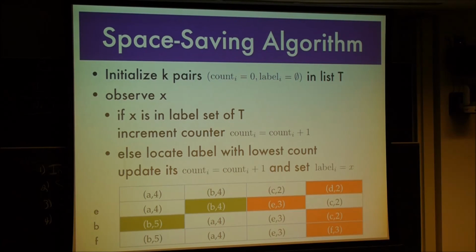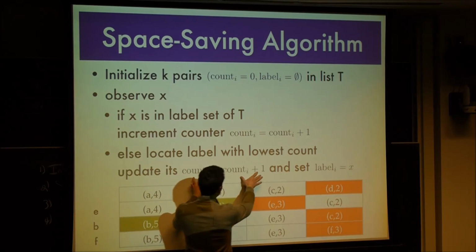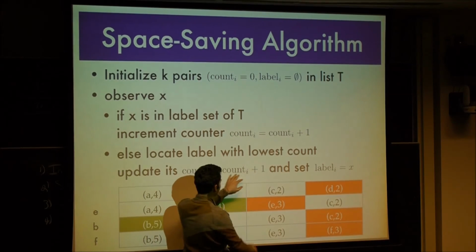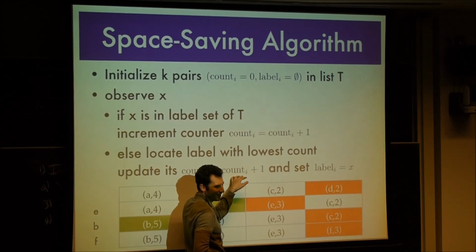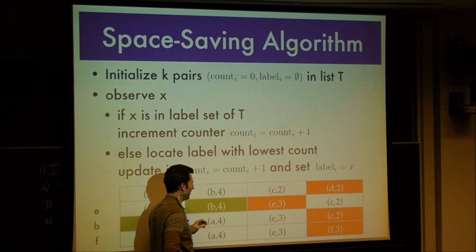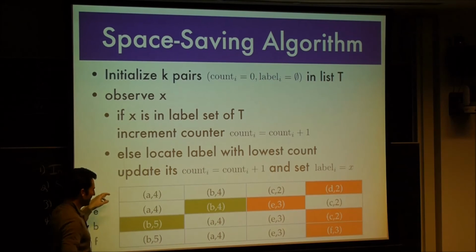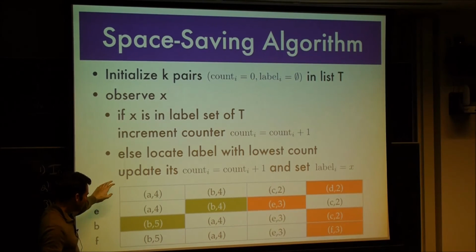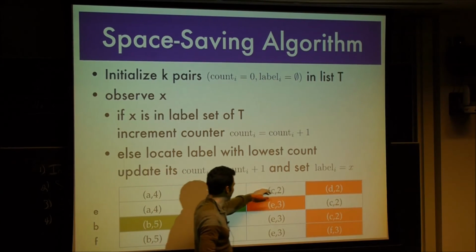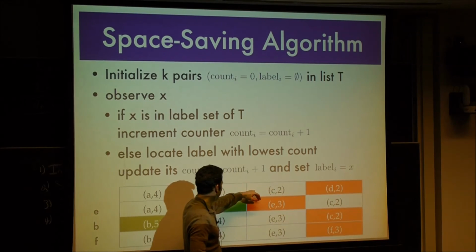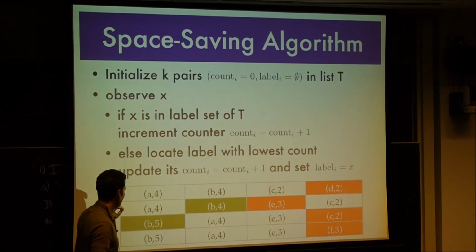Okay. Everything's kind of super intuitive until you get to this point where you say, well, I'm going to reuse the old counter and increment it by 1. Why on earth would this work? So let's first look at what happens here. Let's say this is my initial table: D occurs with 2, C and B and A with 4.